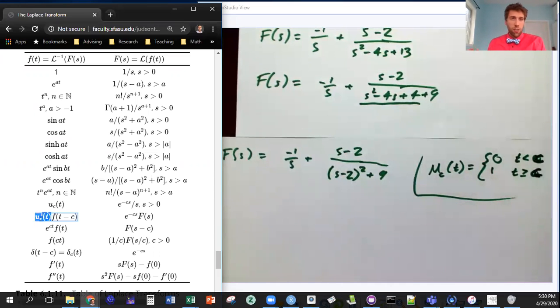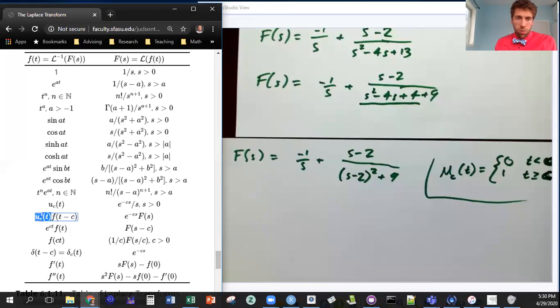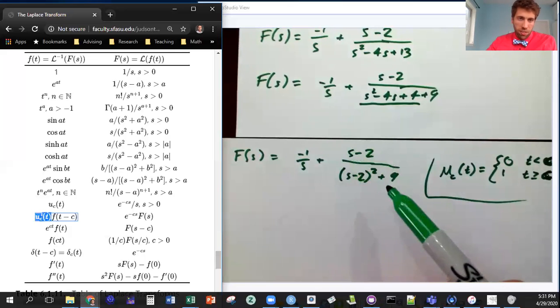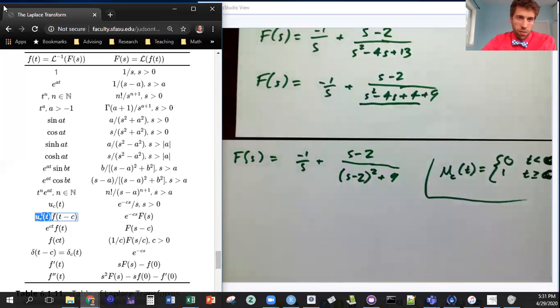So it's this function that kind of determines when things are positive. When I've got a function that looks like s over s squared plus 9, which you would see over here, that looks like a cosine, but it's shifted over.